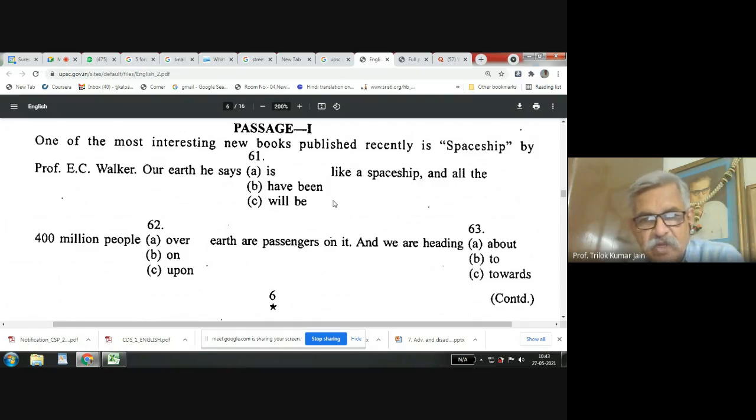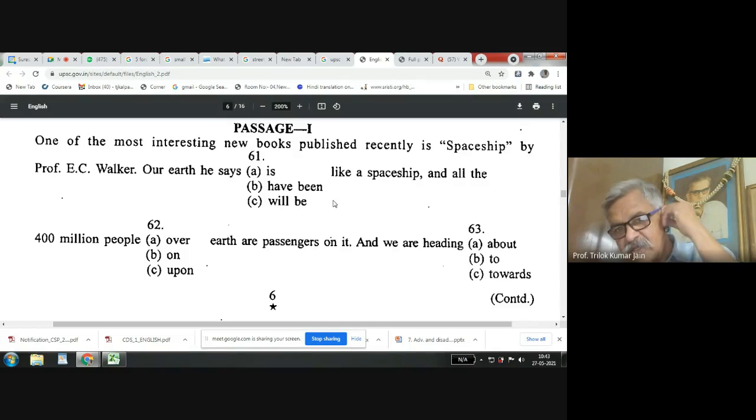So how will you correct it? One of the most interesting new books published recently is Spaceship by Professor E.C. Walker. Our Earth, he says, is. What will be the correct answer? Our Earth, in my opinion, the answer is A.